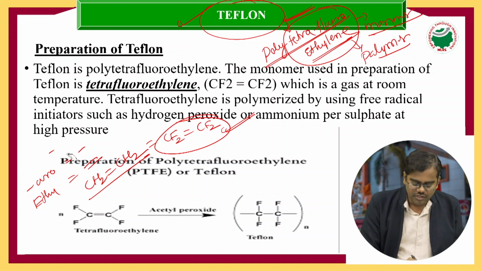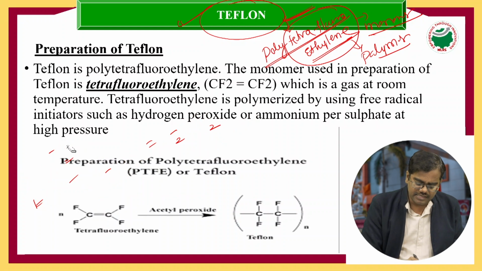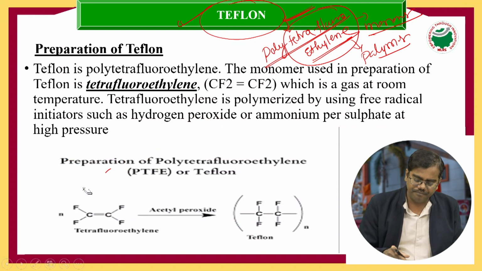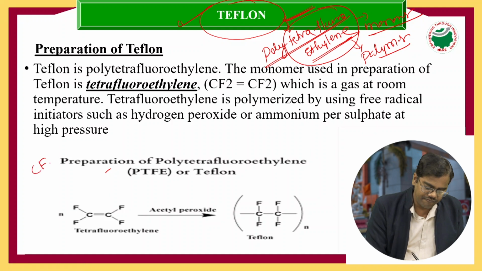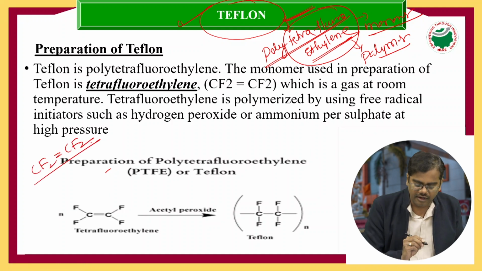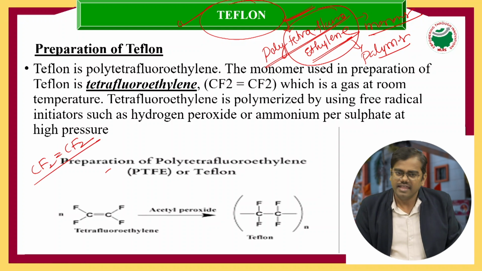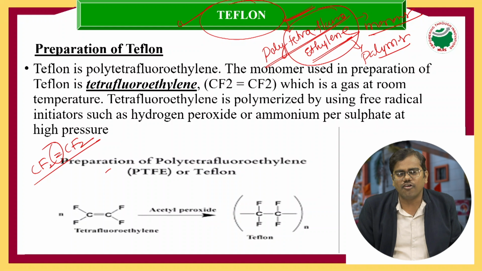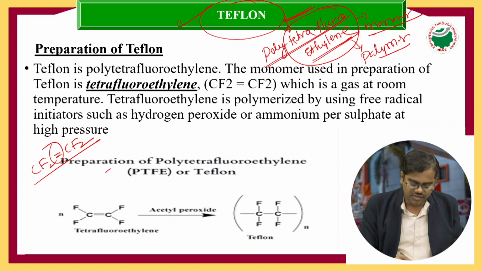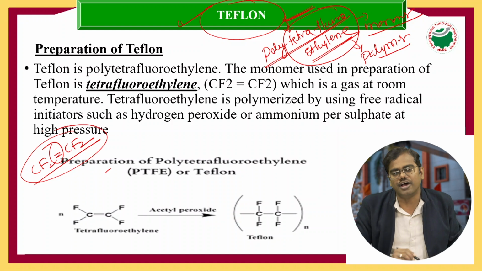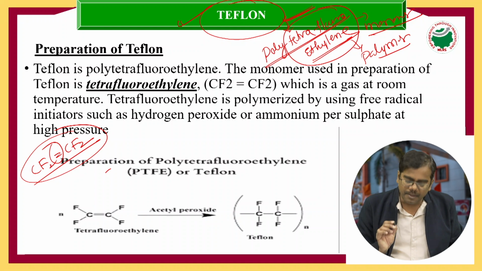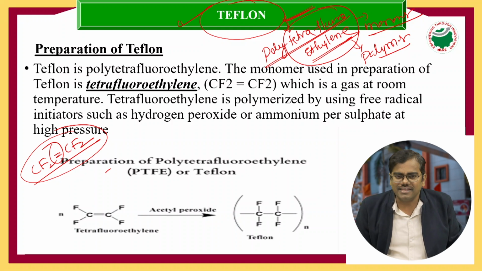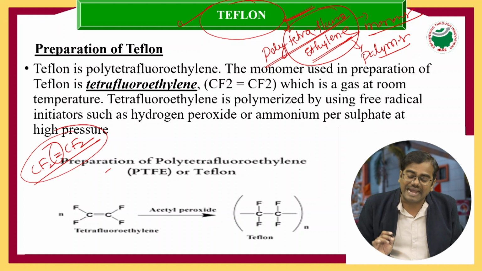Here tetrafluoroethylene, CF2 double bond CF2, like ethylene, also consists of a double bonded group, and we can call it an unsaturated chemical compound. These types of unsaturated chemical compounds undergo addition polymerization in the presence of temperature, pressure and a catalyst.